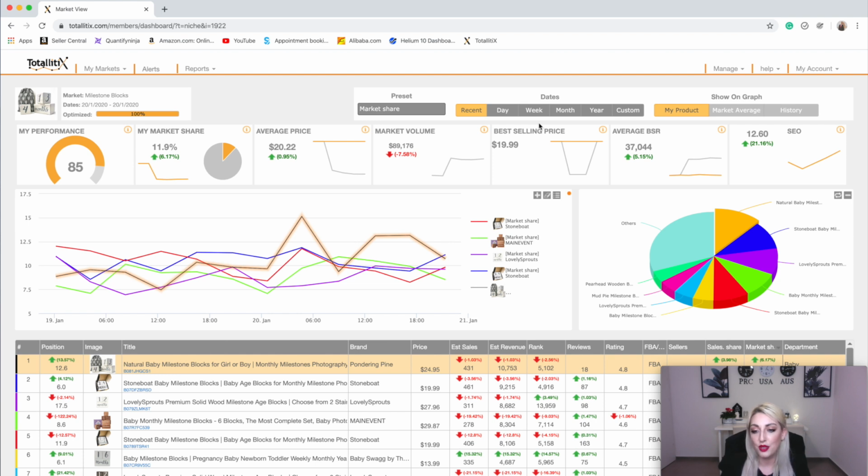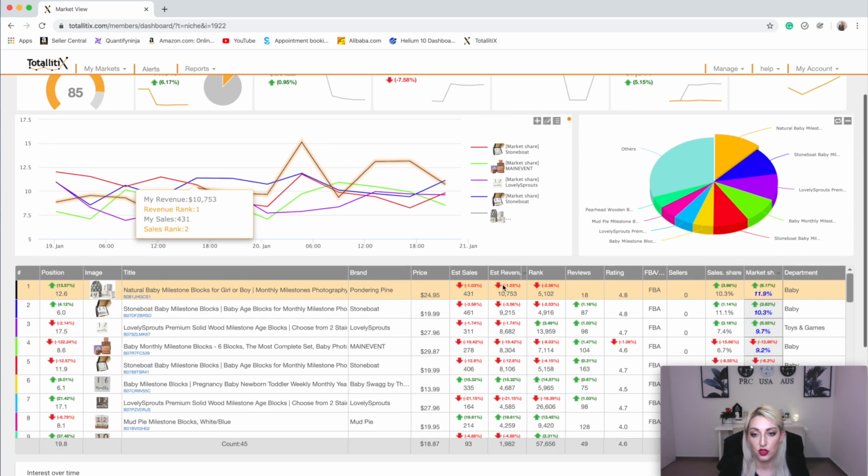Maybe a specific competitor who owns most of the market share doesn't even exist on the keywords you're looking at. Maybe most of their sales come from a totally different keyword, but you still need to know about them. So it's also going to show you who your active competitors are all the time, which is just crucial in my opinion.